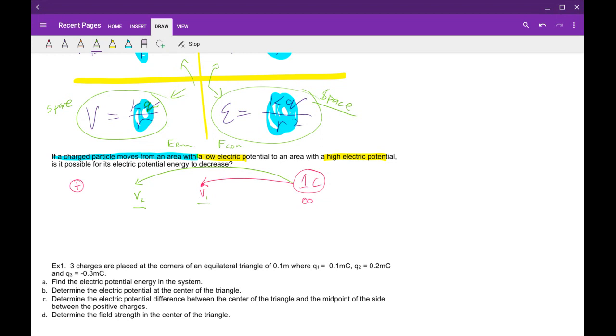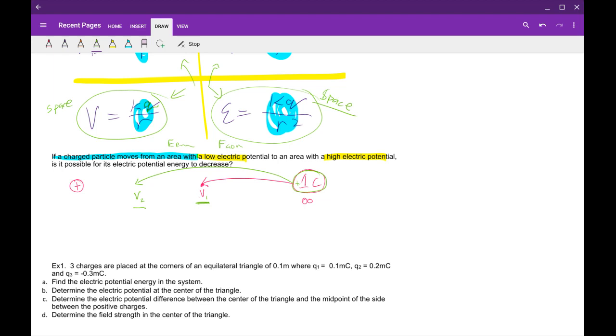This is 1 coulomb. 1 coulomb is positive. The definition of electric potential requires that you use a positive 1 coulomb. So if I move from infinitely far away to here, it requires a certain amount of energy. Let's call that E.